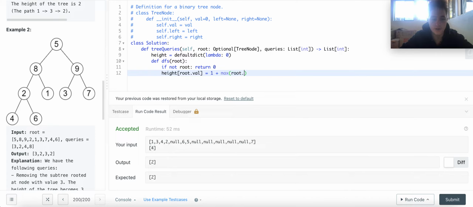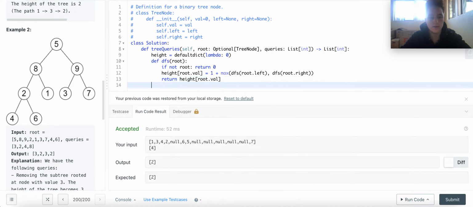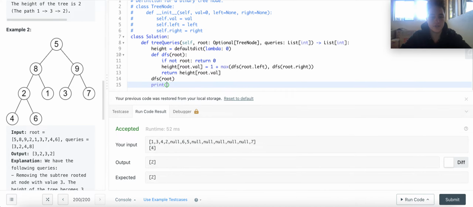So we have the max of DFS of root.left and root.right, so find the max height tree of root.left and the max height tree of root.right. And then at the end, you just return height at root.val. And then let's run DFS at the root. And then just for testing, we'll print the height.